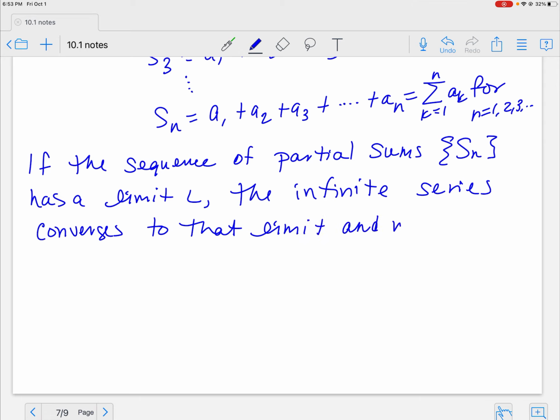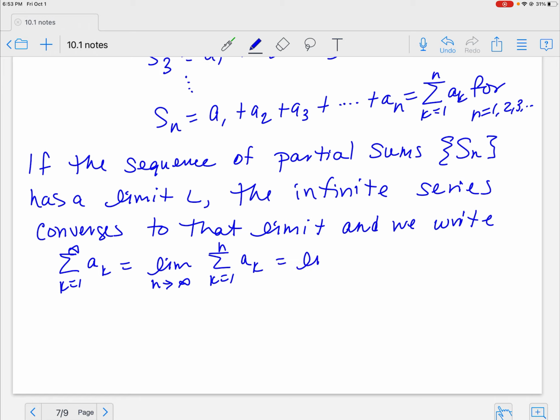And we write that the sum of k going from 1 to infinity of a sub k equals the limit as n approaches infinity of the sum of k going from 1 to n of a sub k, which is equal to the limit as n approaches infinity of S sub n, which equals L, because this is representing S sub n, right?